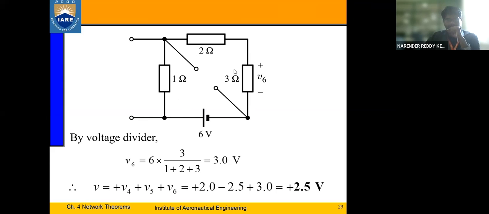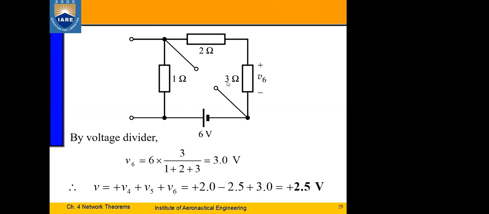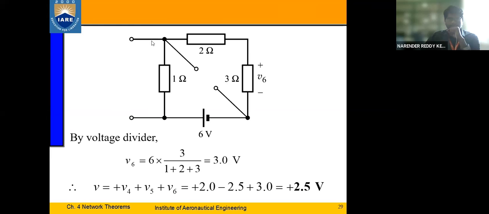We don't have any other path for the current to flow. Whatever current is delivered by the 6 volt voltage source flows through all these resistors, so they are connected in series. A series circuit acts as a voltage divider.